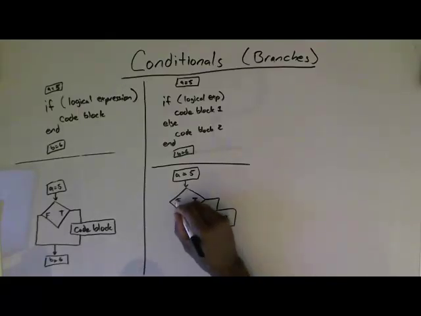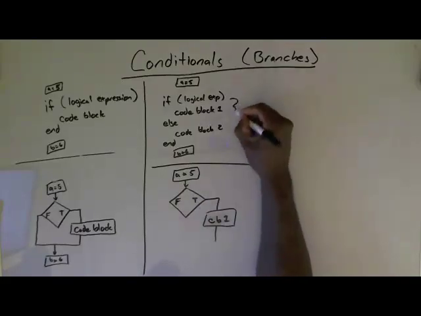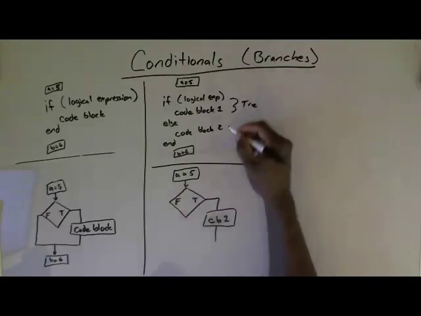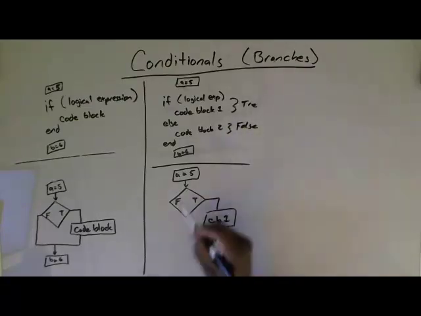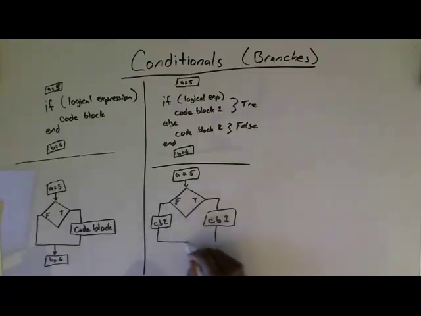Else, which means if it's not true, it is false. So this is the true part here. This is the false part here. If it's false, then branch over here. This is where the term branching comes from, and do code block 2. And then continue on with the next blocks of code.